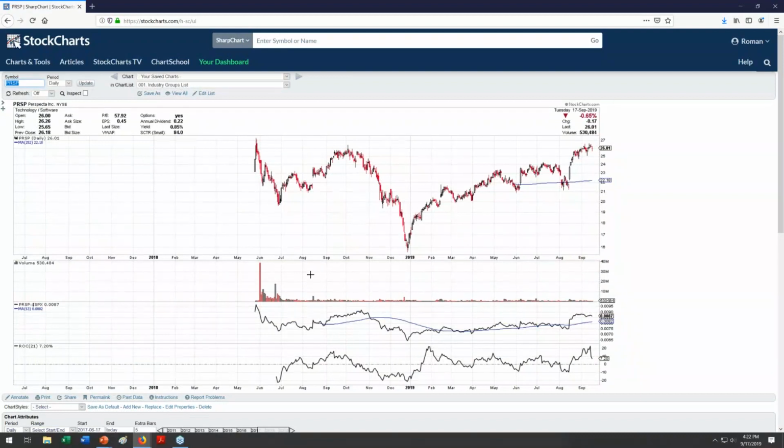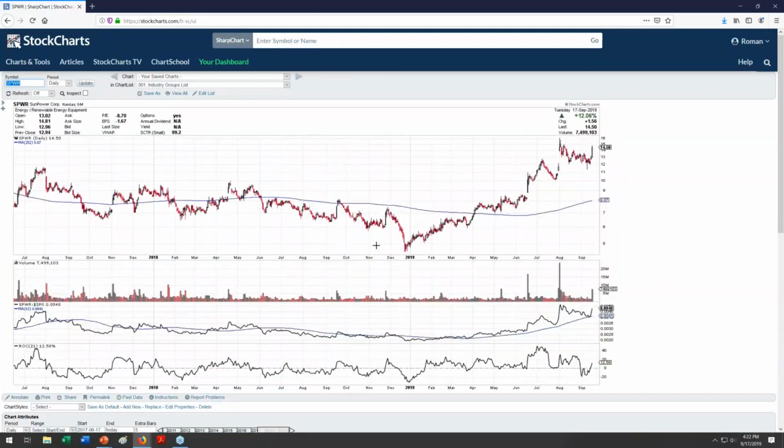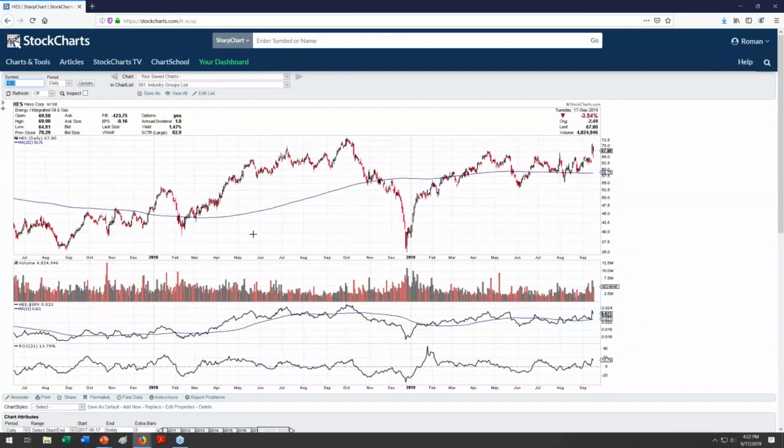Okay, what else, guys? Let me write it all down. SunPower had a reversal today. Looks good. Hess. Also interesting, and in an interesting sector.